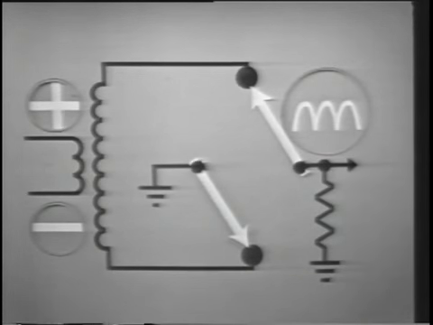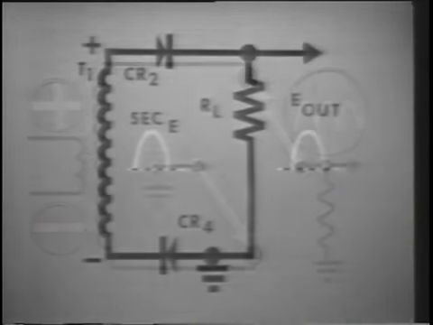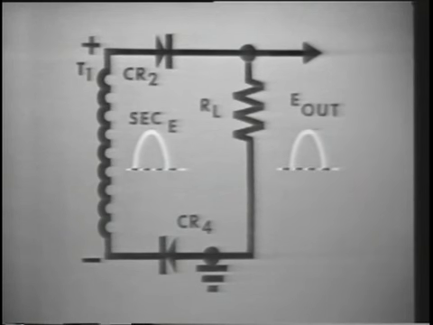With the load always connected to the positive end of the secondary, and ground always connected to the negative end, couldn't we simplify this and say that the load is always in parallel with the secondary? Look at this.